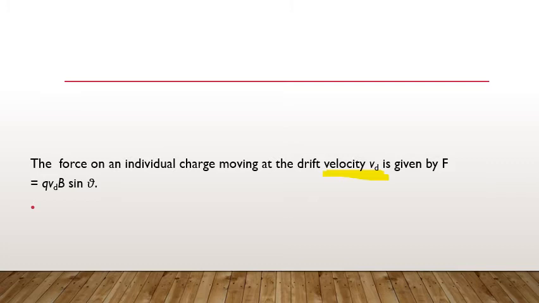The velocity occurs due to change in concentration. But in the case of drift, there is no such case. Whether charges are higher or low, it only moves due to electric field. So whenever we apply magnetic force on individual charges, the force is given by qvB sine theta. Here I am talking about a single charge, individual charge.